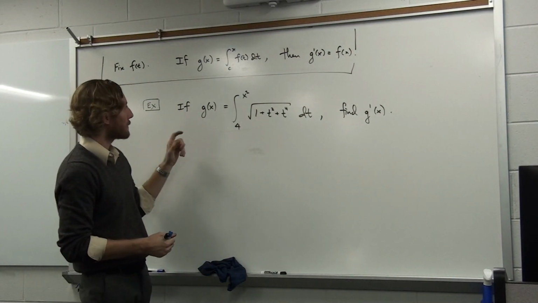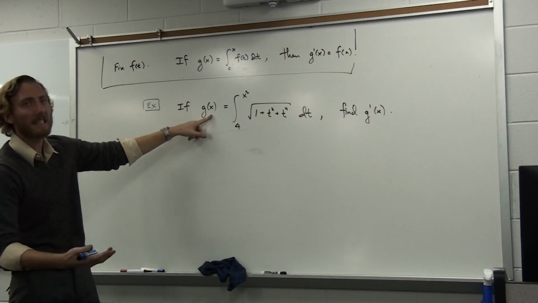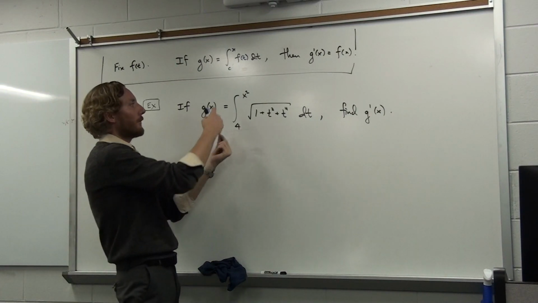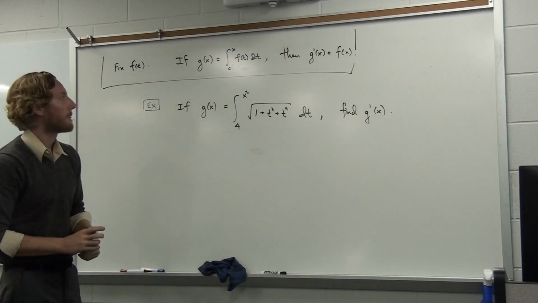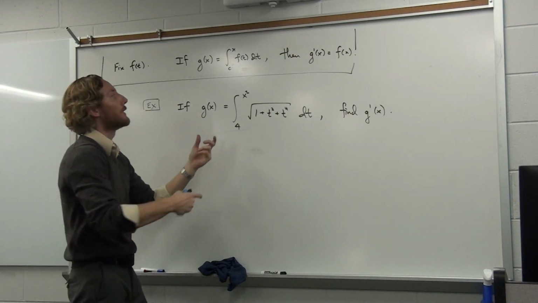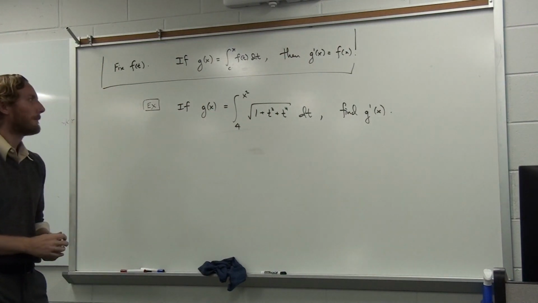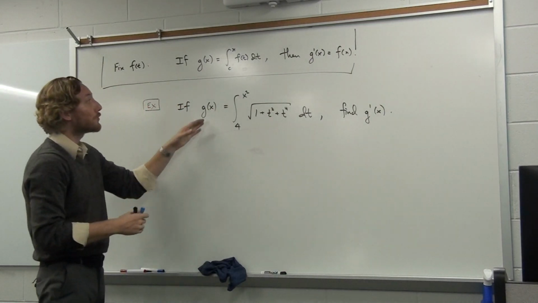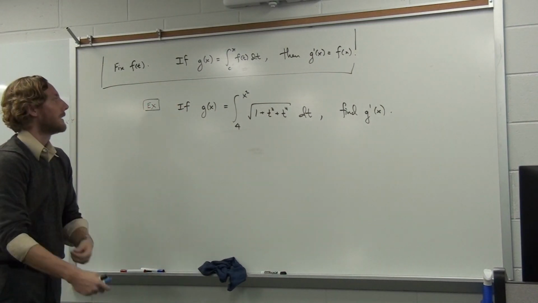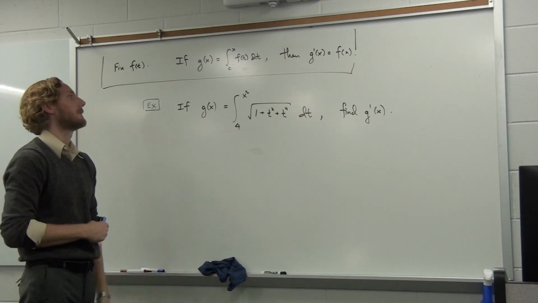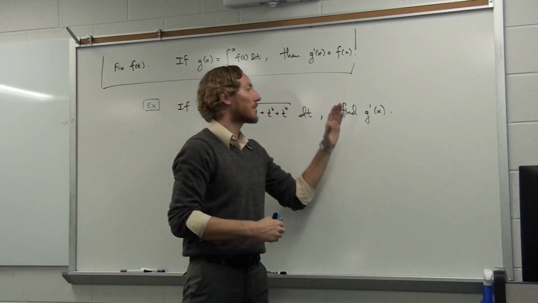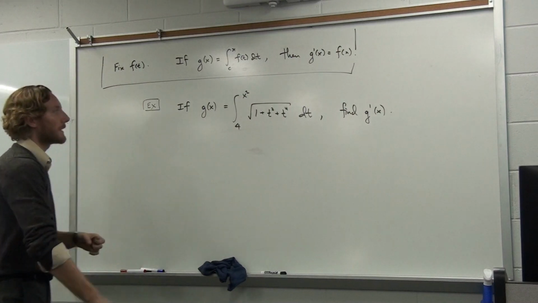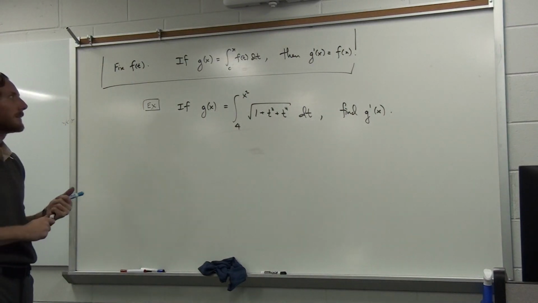So for this function, plug in g of 6, you'd be finding the area between 4 and 36. Plug in g of 10, you're finding the area between 4 and 100. It's conceivable that the area would change between 4 and 36 and 4 and 100, so g would change between inputting 6 and inputting 10. And so talking about the change of g would become a significant thing to study.